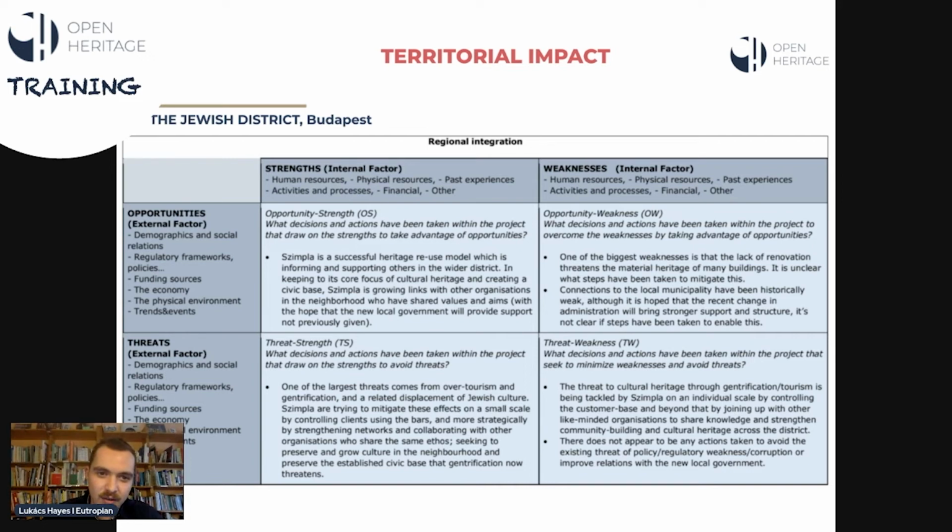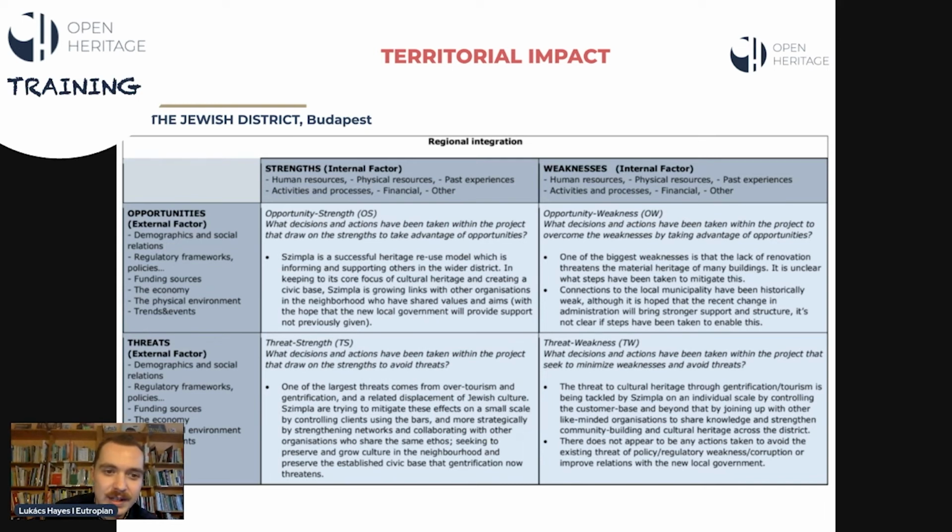And then on the top you can see strengths and weaknesses, but internal factors, so given by circumstance of the district, and given by some of the basic conditions of the district.